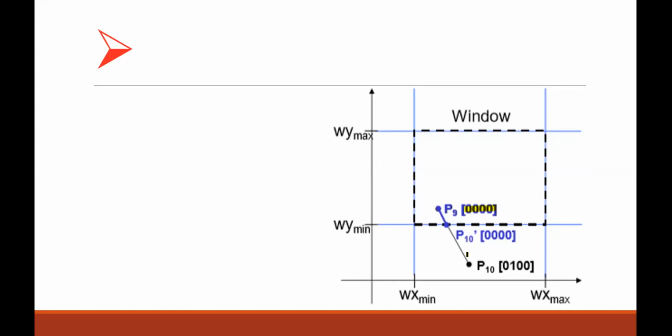Then we will find the point of intersection corresponding to the border where P10 is lying outside. So we get this point P10 dash, and we will update P10 to P10 dash and update its region code to 0000. Now since both points have 0000 as their region codes, this portion would be completely accepted while this portion would be rejected.